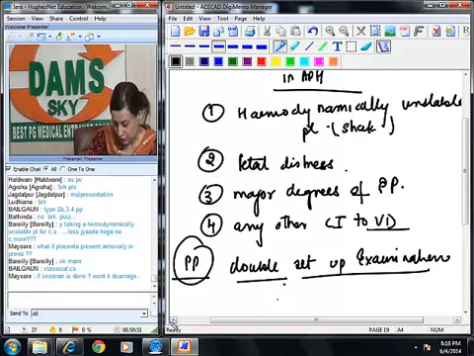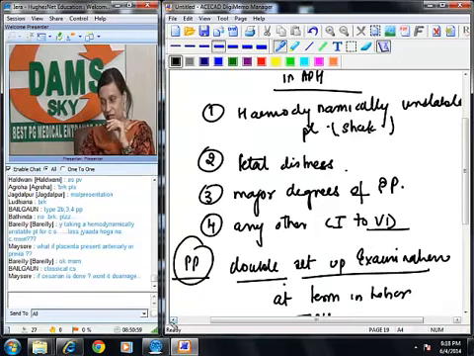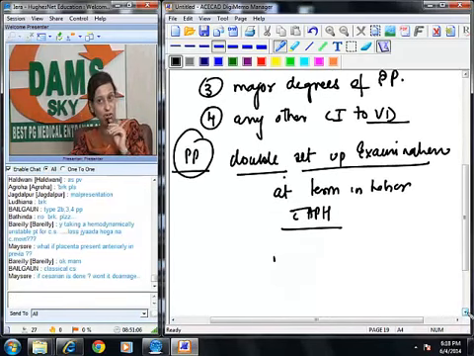So if a patient is coming at term in labor with APH and we don't have the facility for ultrasound, we don't know whether she is minor or major.